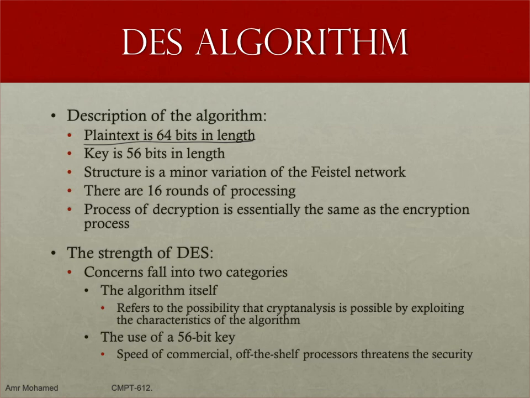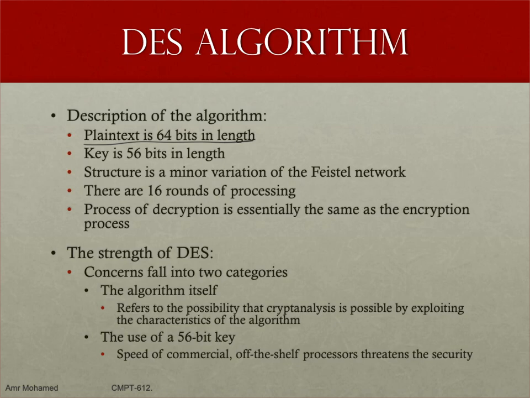The structure of DES uses very, very minor variations. In particular, they define a specific round function and a specific subkey generation, which we'll see. We have to specify a certain round function in order to have end-to-end functionality. Again, the strength has two concerns.